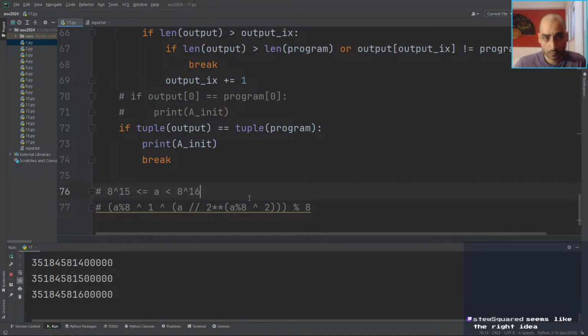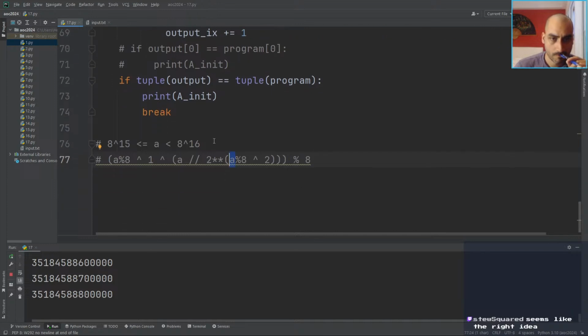But then it's not, is it? Because when you use this formula, such a weird formula.